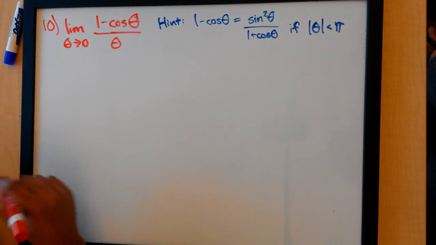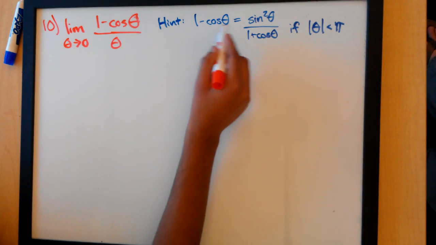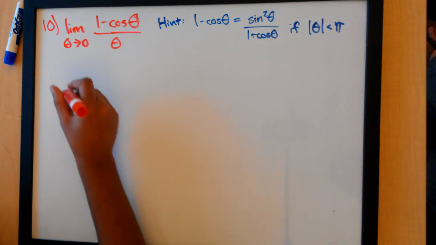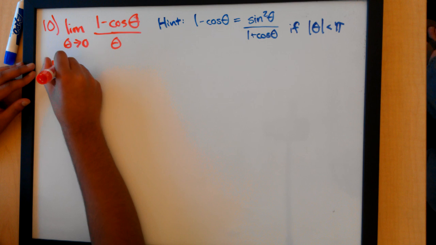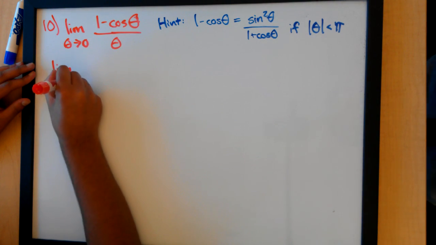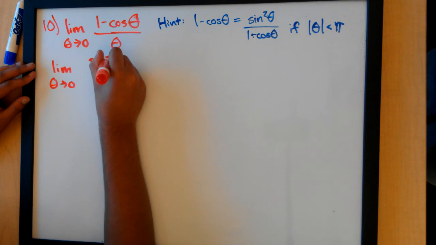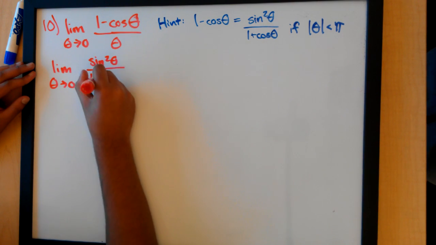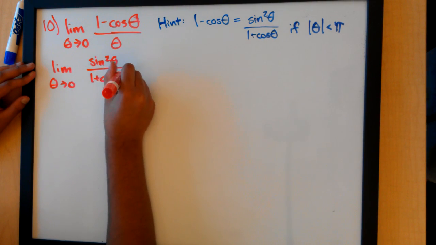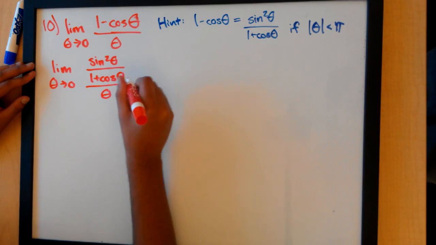And so the first step is to substitute 1 minus cosine theta for sine squared theta over 1 plus cosine theta. So we write this as the limit as theta approaches 0 of sine squared theta divided by 1 plus cosine theta, divided by theta.